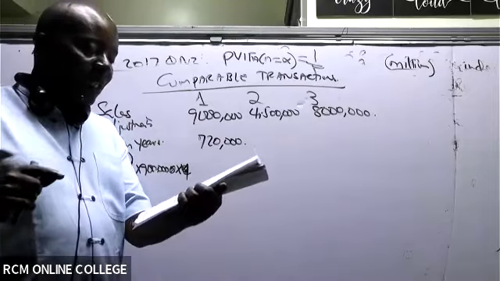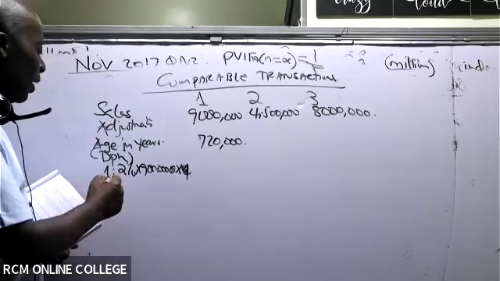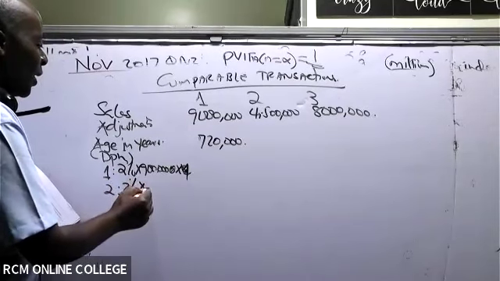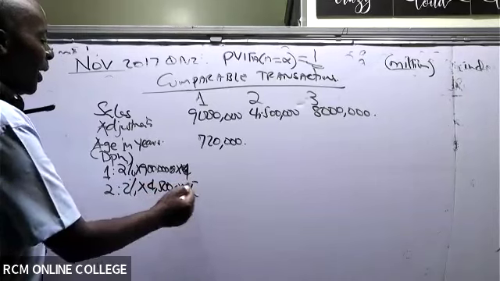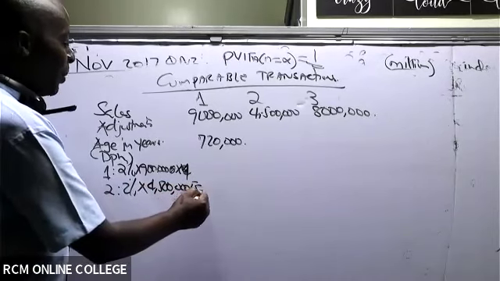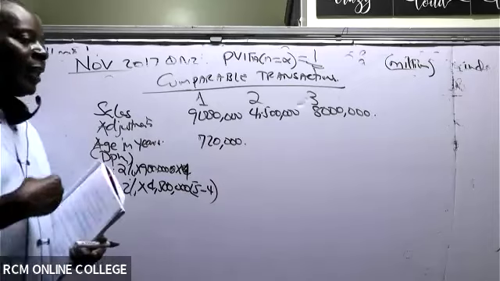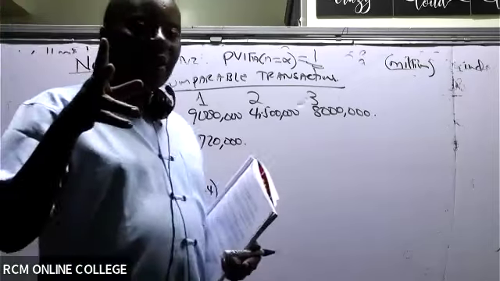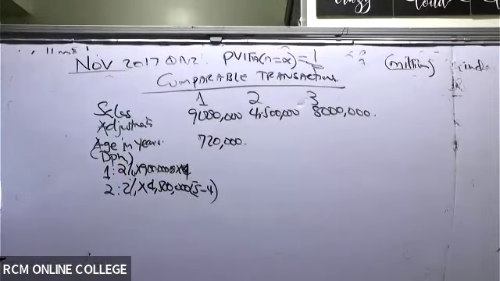For you to understand better, look at property 2. What do we have there? Property 2 will be 2% times 4.5 million, and the age differential will be 5 minus 4. It's good to write like this for your revision, because my property is 5 and property 2 is 4 years old. Remember, I'm looking at depreciation, or in this case a decreased depreciation.